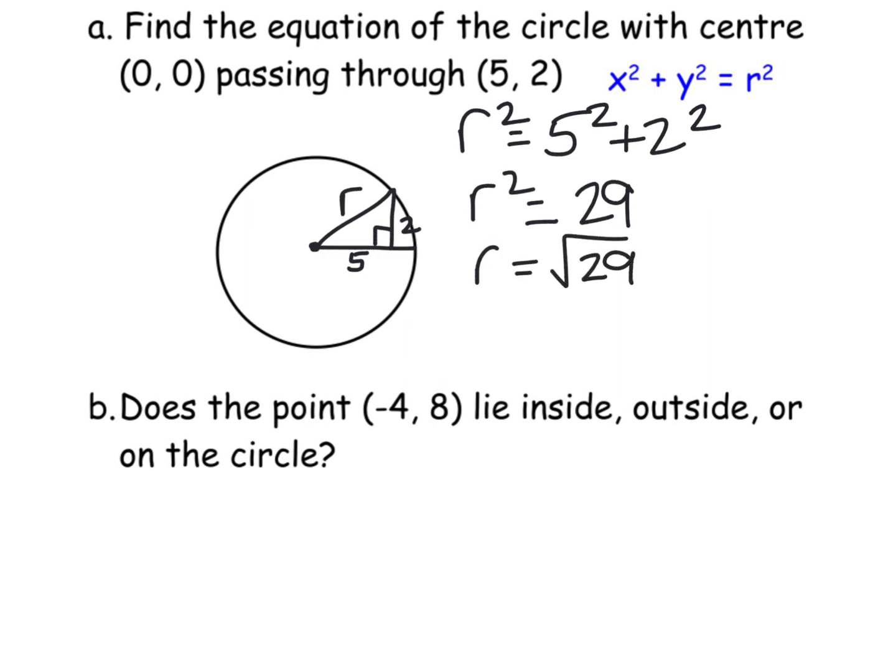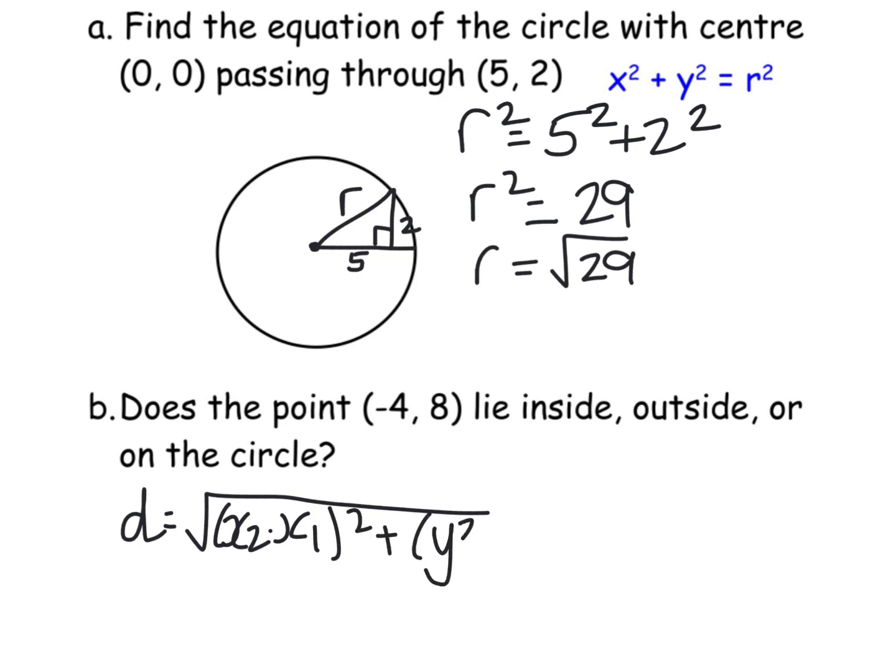Then it says, does the point negative 4, 8 lie inside, outside, or on the circle? So what I'm going to do is find the distance from the centre to this point, negative 4, 8. So the distance will be, and if you remember the distance formula, you can do x2 minus x1 all squared plus y2 minus y1 all squared.